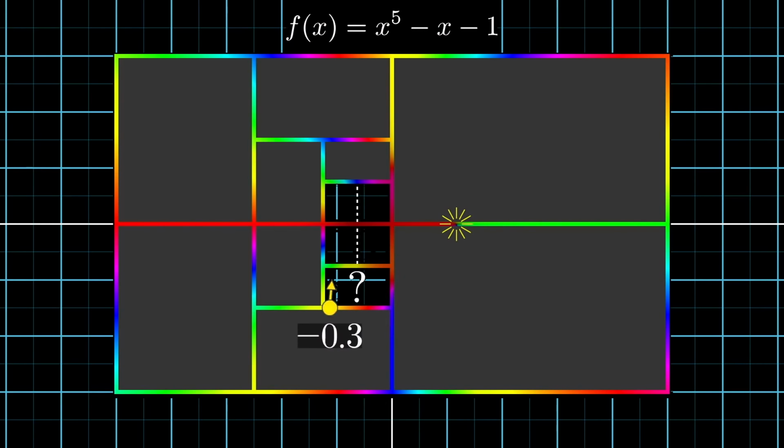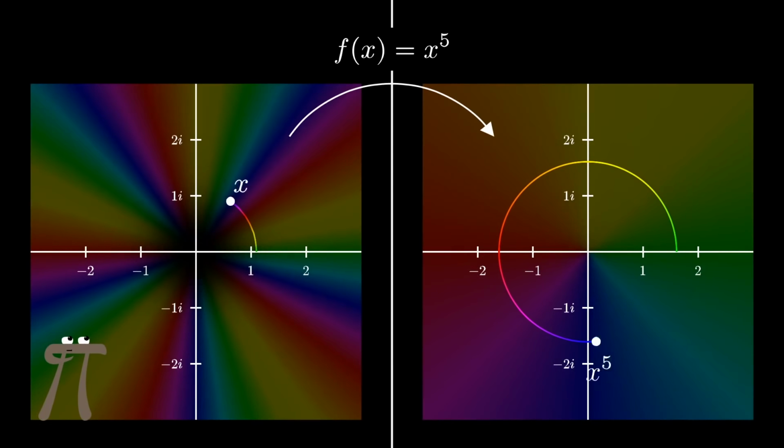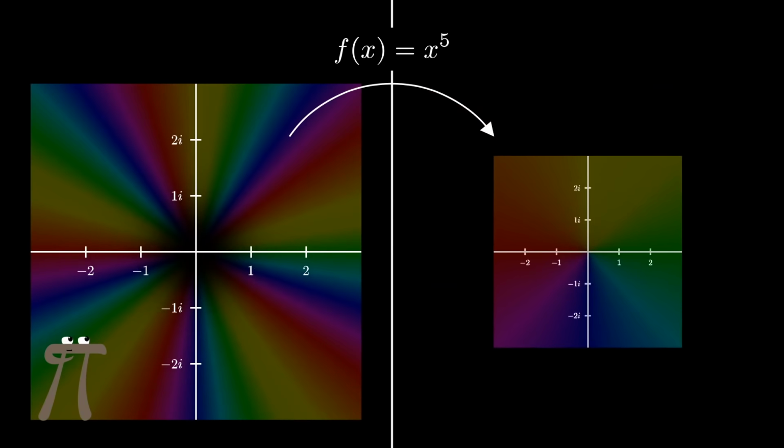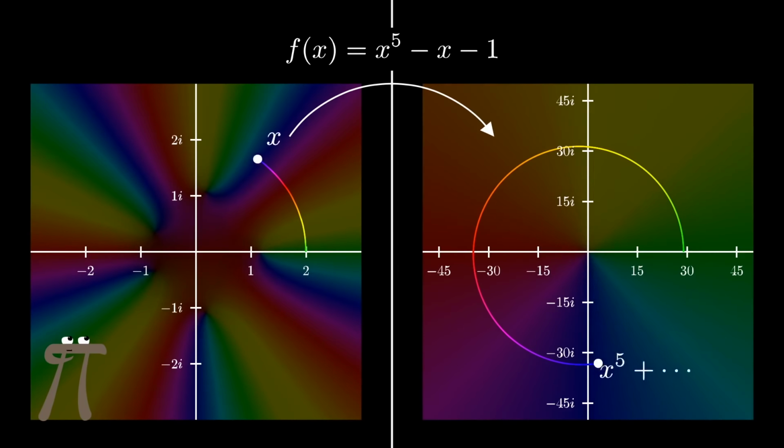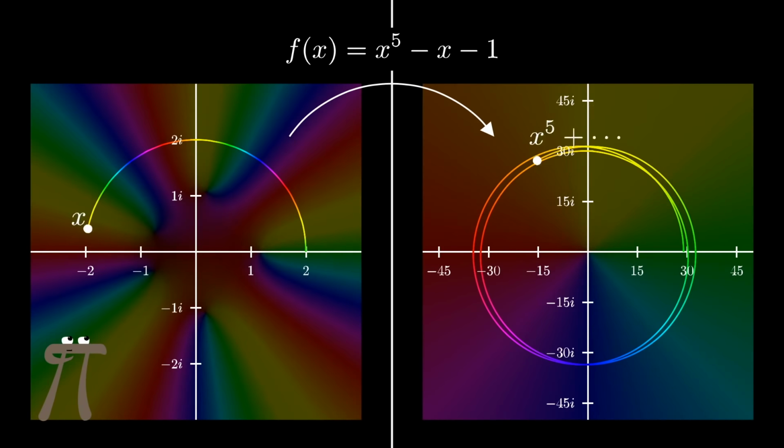By the way, it is no coincidence that the total winding number in this example happened to be 5. With complex numbers, the operation x to the n directly corresponds to walking around the output's origin n times as you walk around the input's origin once. So with the polynomial, for large enough inputs, every term other than the leading term becomes insignificant in comparison.